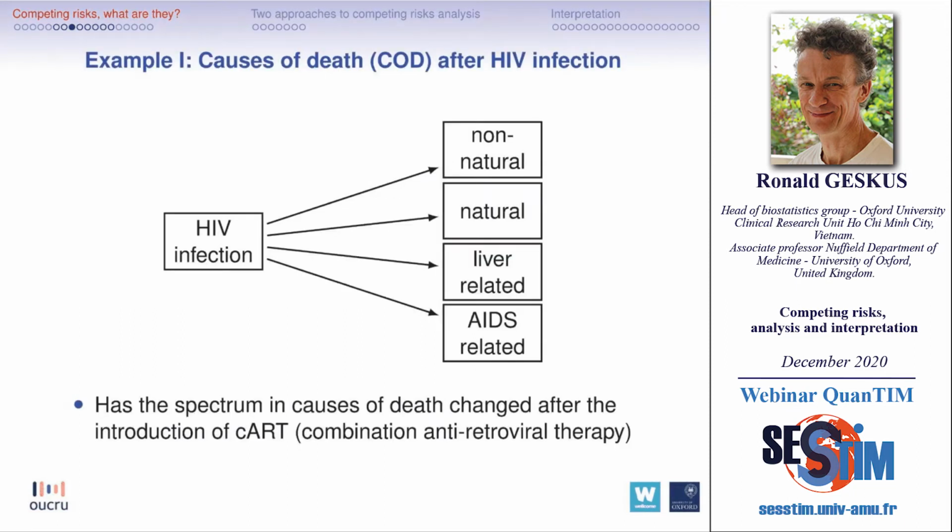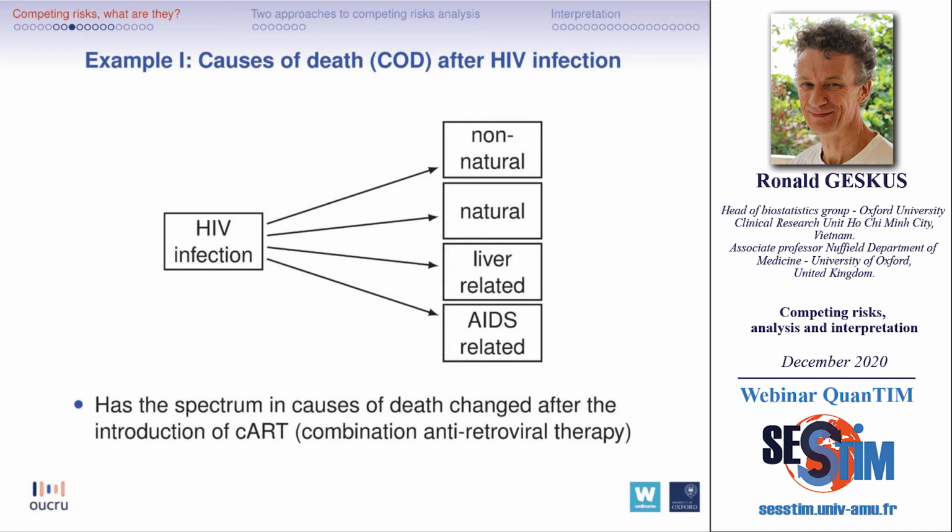Here's an example. It's basically the same idea as what I showed before with the Kaplan-Meier, but now in the Kaplan-Meier we have seen that the mortality had gone down after 1996. These were HIV-infected individuals. After 96, powerful treatments became available. So this reduction in mortality is probably because of the introduction of therapy. And then you would expect this reduction in mortality mainly to occur in the AIDS-related mortality.